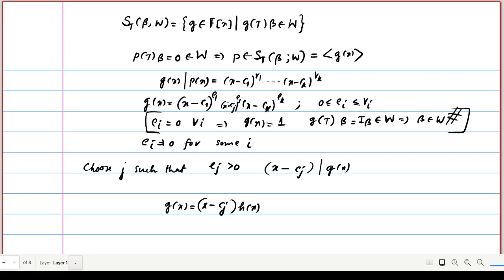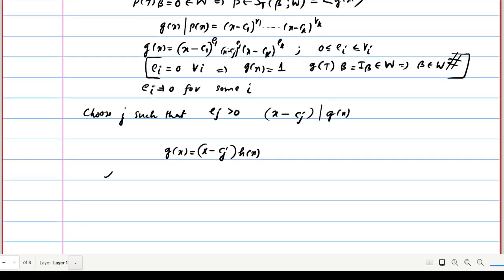Now we define our candidate. Alpha is equal to h of t of beta. We can say that this can never be an element of w, because g is the monic generator of the t conductor, or g is the t conductor.